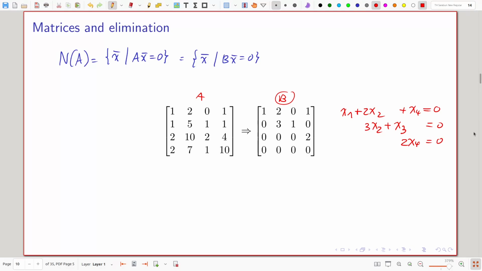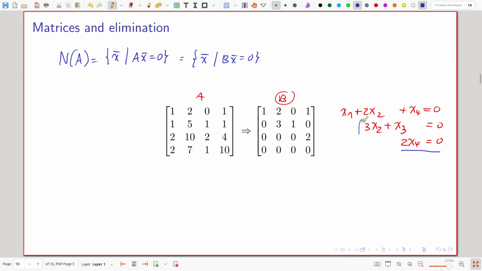Now, if you want to solve it, we can see that x4 is 0. You cannot do anything with x4. So x4 is 0. Nothing you can do about it.